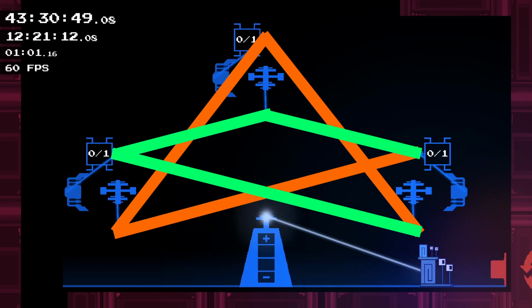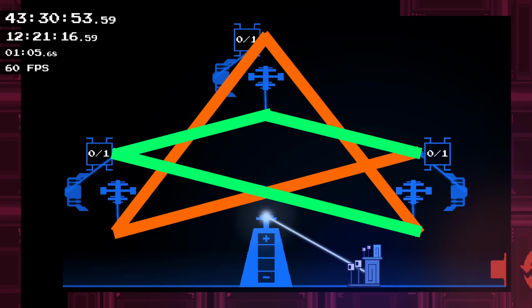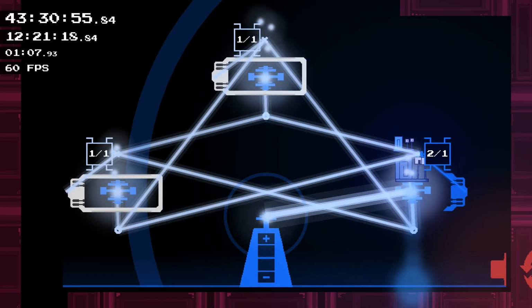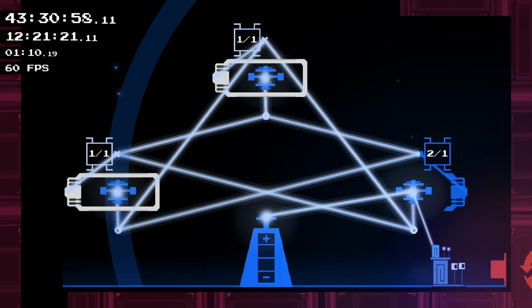So the gate on the right actually now has two sources of power, whereas all the other gates only have one. So if I go ahead and connect power, you can see that that's the case.